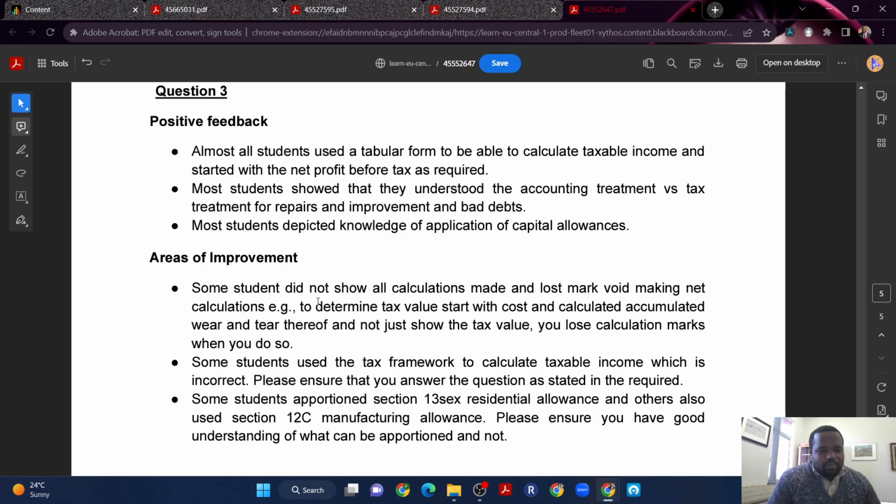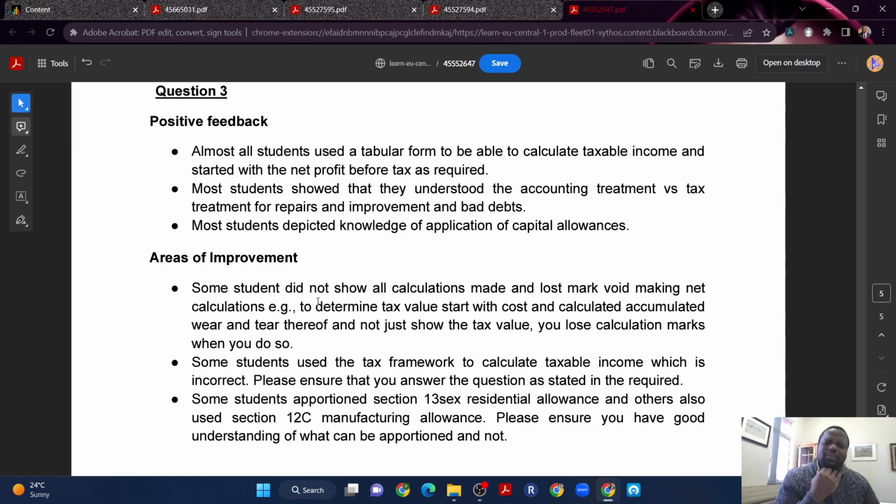And to determine tax value, your tax value is similar, I won't say the same, to your accounting remaining balance of the depreciation.